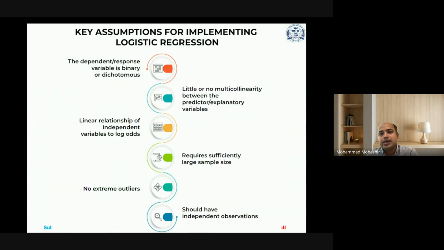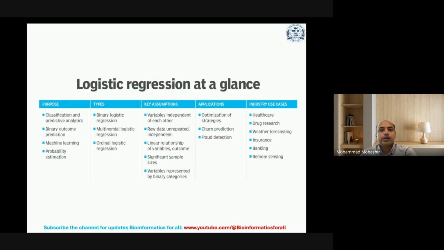And finally, the key assumptions for implementing logistic regression, as you can see here: the dependent response variable is binary, dichotomous, or discrete; little or no multicollinearity between the predictor explanatory variables; a linear relationship of independent variables to log odds; a sufficient sample size; no extreme outliers present; and independent observations.